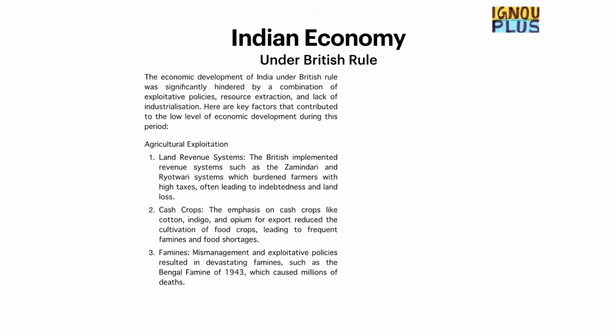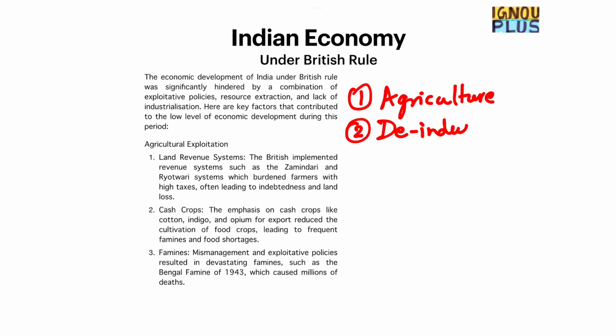To start with, I would just give you five areas which we will discuss, the five segments where we were hit the most. First of all, agriculture. Indian agriculture was dealt really badly. Second is deindustrialization. Industry was not benefited, but what happened?